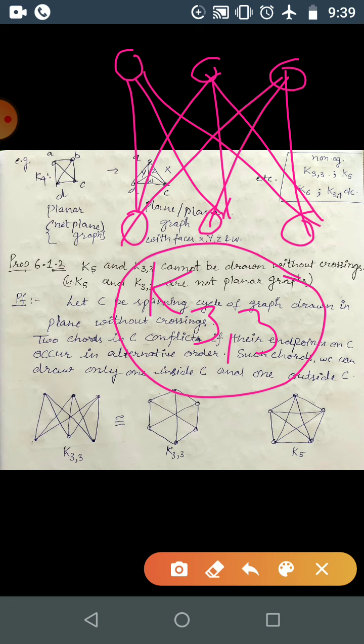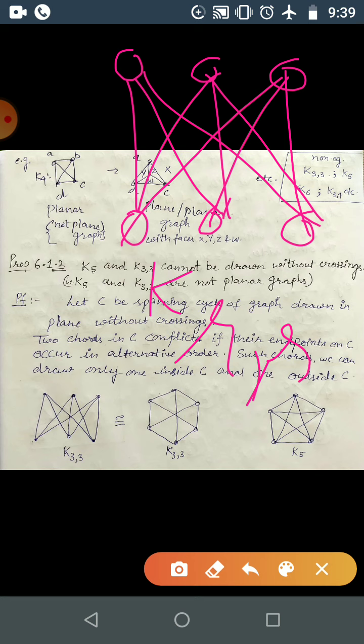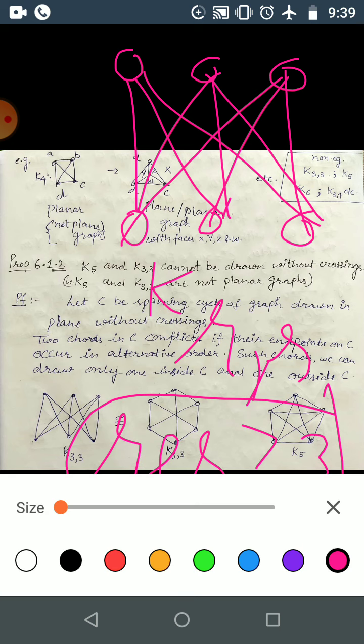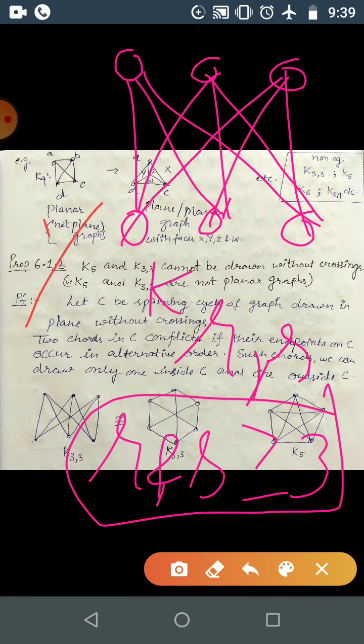So K33 or any other graph with K R,S, where R and S both are greater than or equal to 3, that is not planar. So this is a big no. Okay, so this is not planar.